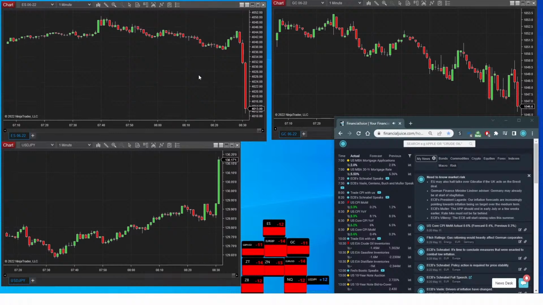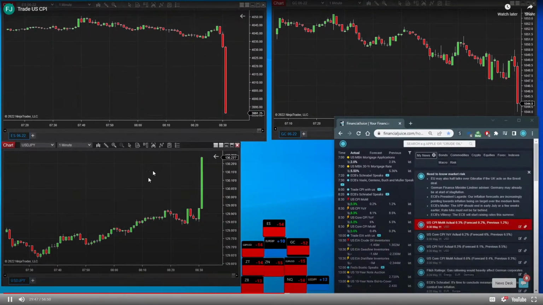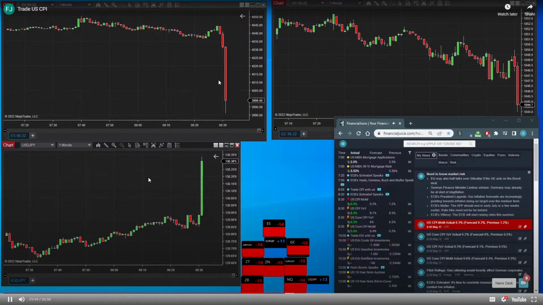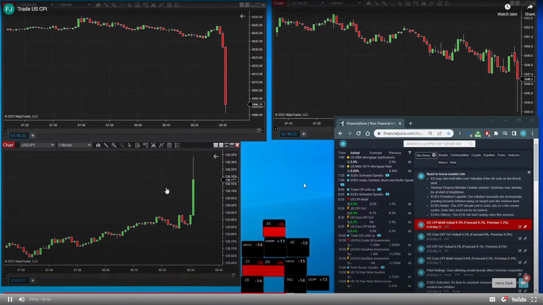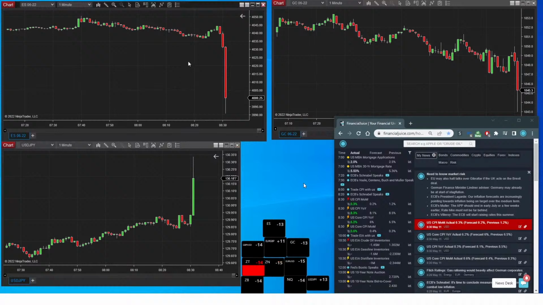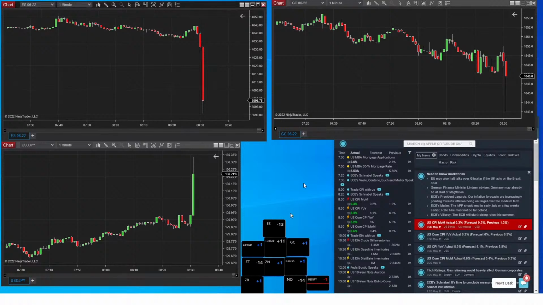There we go. Data was much better than expected, and you'd seen the sharp sell-off on the S&P 500. Gold as well, seen a good movement towards the downside, and the dollar yen had seen a great amount of appreciation. One thing to note, of course, you'd seen the markets react before the release, because it's such a highly anticipated release, right?